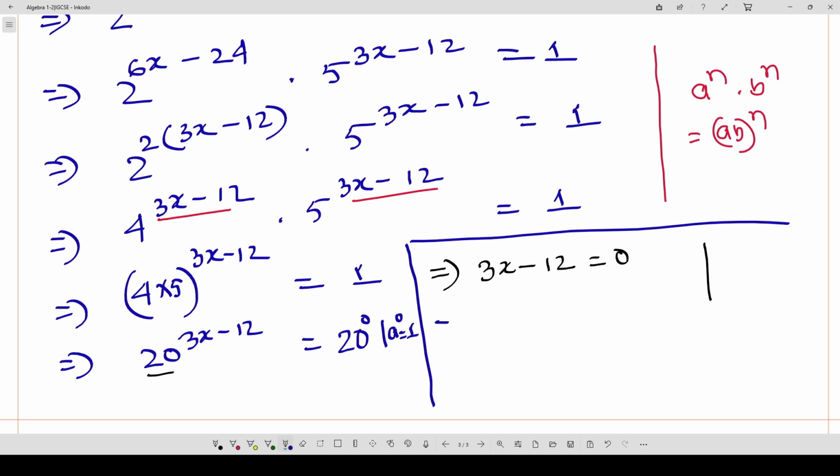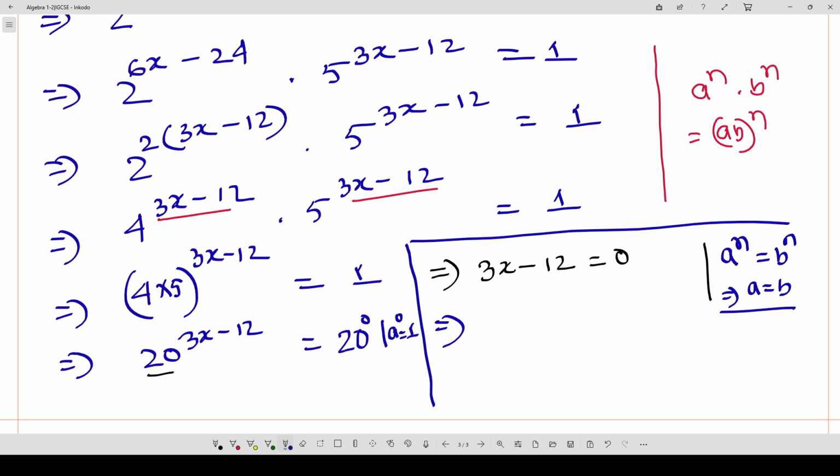Then we know a to the power n equals b to the power n. Once the powers are the same, the bases are equal, a equals b.